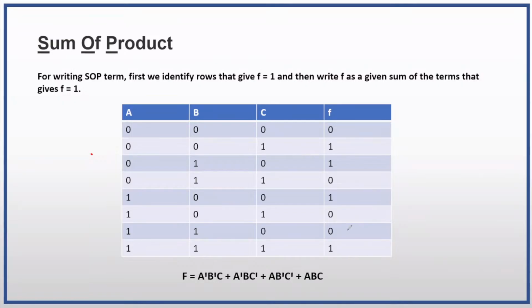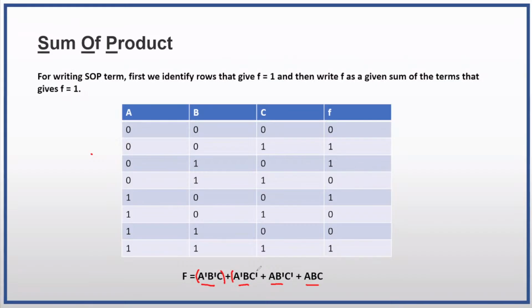So, sum of product. Here you can see each term is a product. Each term contains three inputs, and all are products. These are also called min terms. So this is sum of product, or you can say sum of min terms.